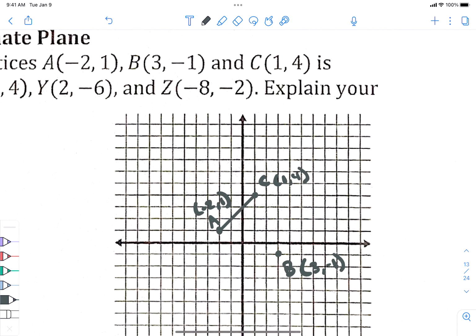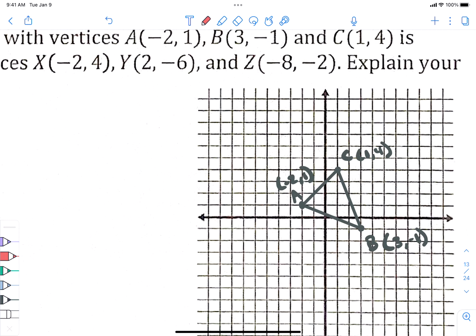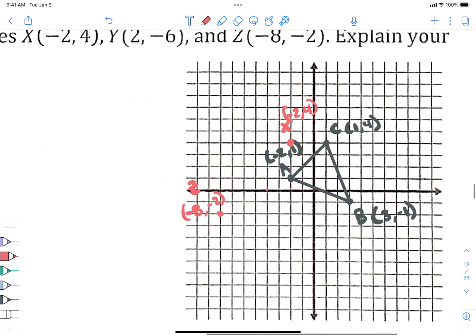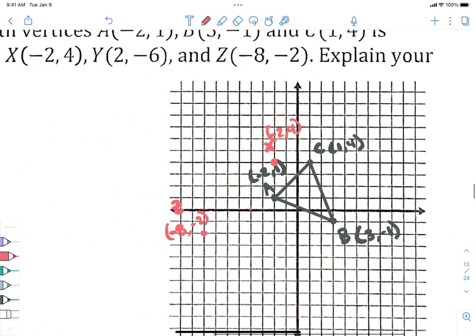Okay. All right. I'm going to use a different color now. You don't have to use a different color, but I am to make it easier. And here we go. I know, I missed one. 2, -6, 4, 6.